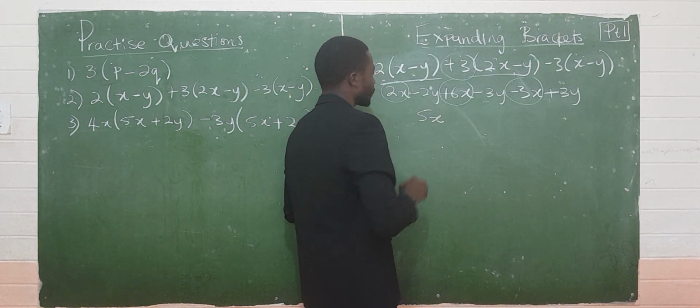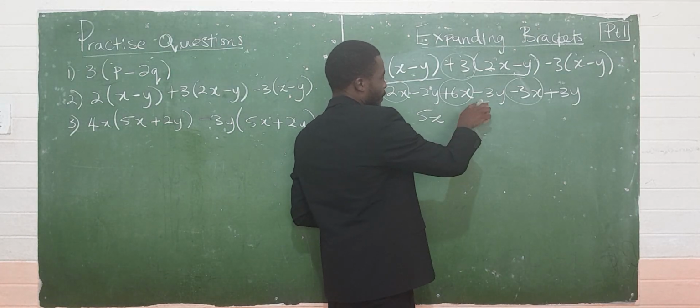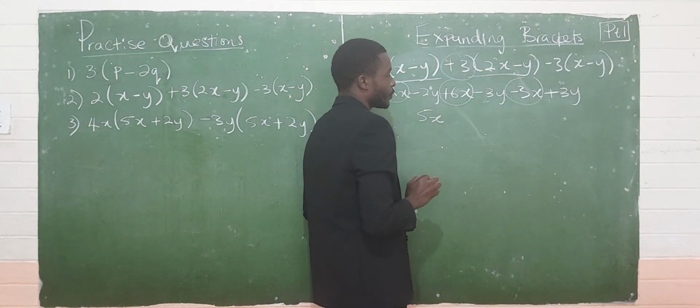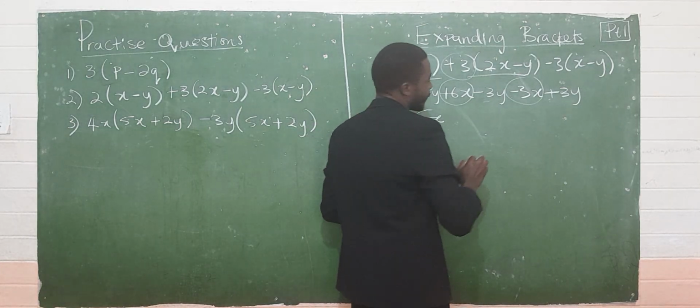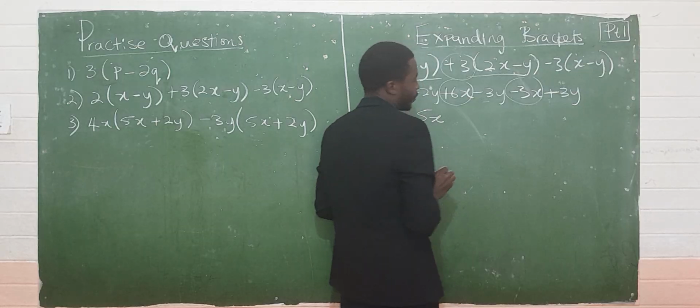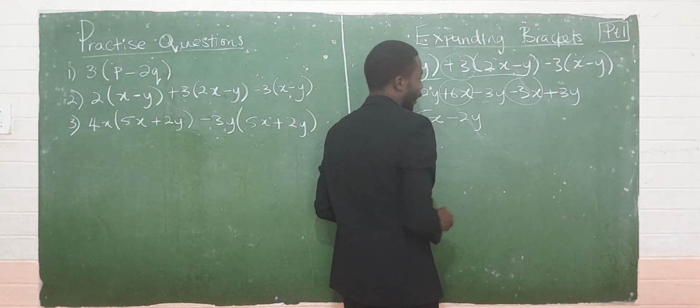Let's move on to the next one. We have negative 2y minus 3y, which gives us negative 5y, and negative 5y plus 3y gives us negative 2y.